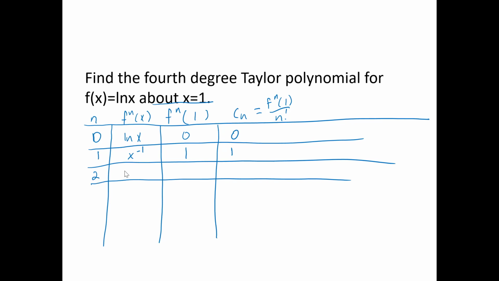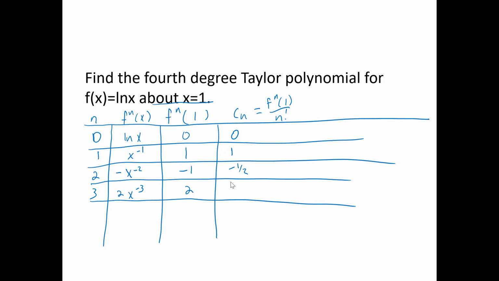When n is 2, bring down the exponent, take 1 away from the exponent, when you plug in 1, you get -1. -1 divided by 2 factorial is -1/2. When n is 3, bring down the exponent, take 1 away from the exponent, and then when you plug in 1, you get 2.